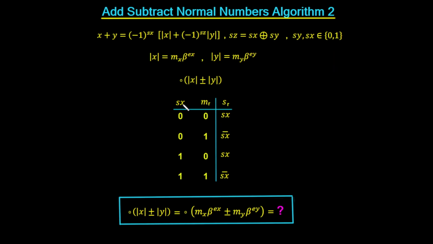Alternatively, if the sign of x was negative, which is 1, and the value for our MR inside the bracket, the mantissa for the result, was negative, again the output would be inverted. So instead of the sign of the result being negative, it would become the inverse, a positive value. So we have to take care of this within our design.